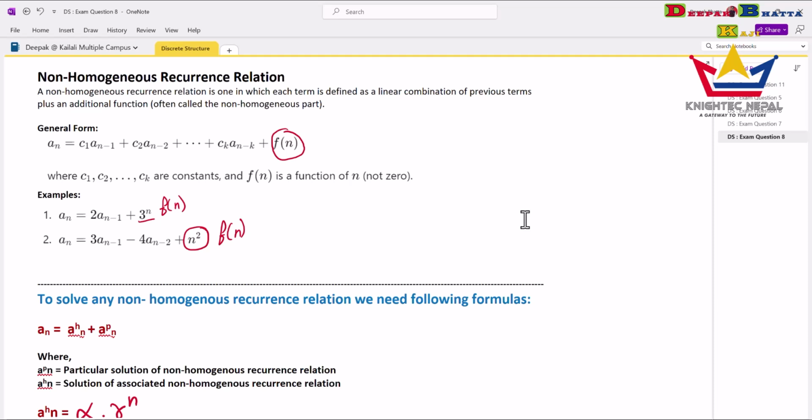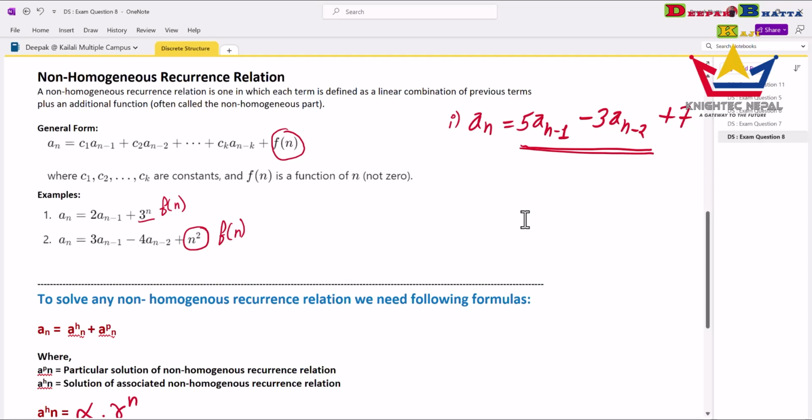So I will mention some more examples of homogeneous as well as non-homogeneous. If I take the example an equals 5an minus 1 minus 3an minus 2 plus 7, as you can see, this is the combination of previous terms in the series. This plus 7 is the additional function, often called the non-homogeneous part.